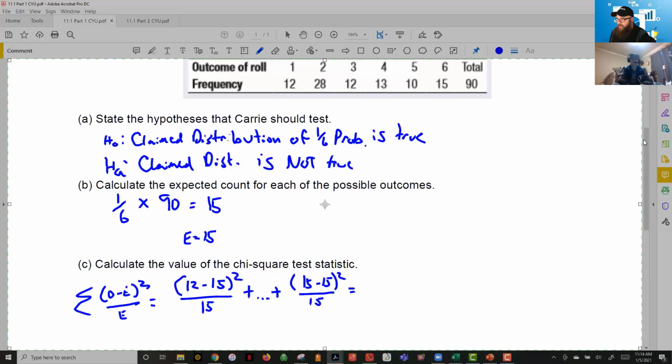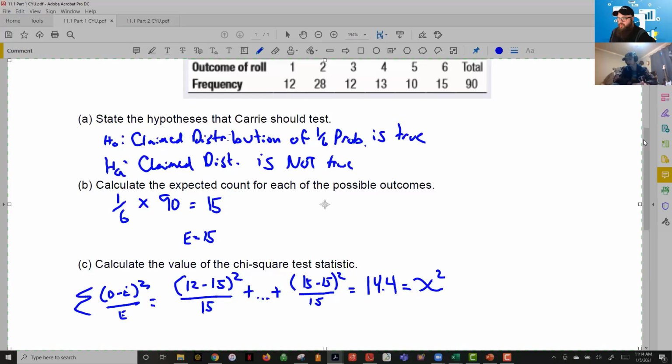I came out with 14.4 when I worked this out. You can always double check me on that, but I came out with that value for the chi-square value. I don't know why I'm writing X right there. So that setup gives 14.4 for those calculations.